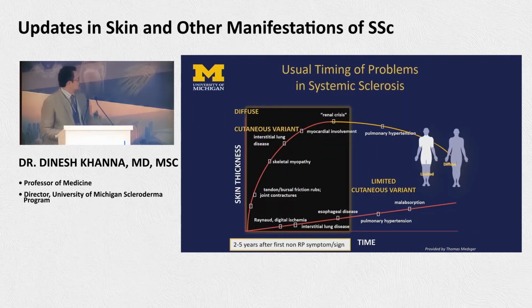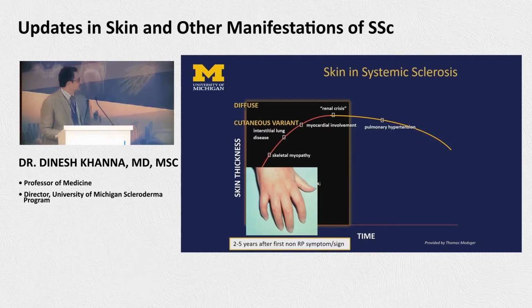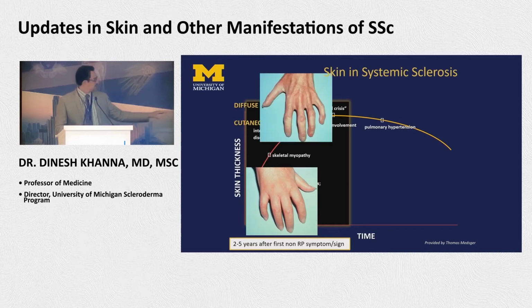So we talked about everything happening early on in the disease, and we will mention a little bit of progression of skin thickening. Very early disease: a doctor who came to me and said, I have Raynaud's phenomenon and my hands are starting to get puffy. Very early disease, early edematous phase.